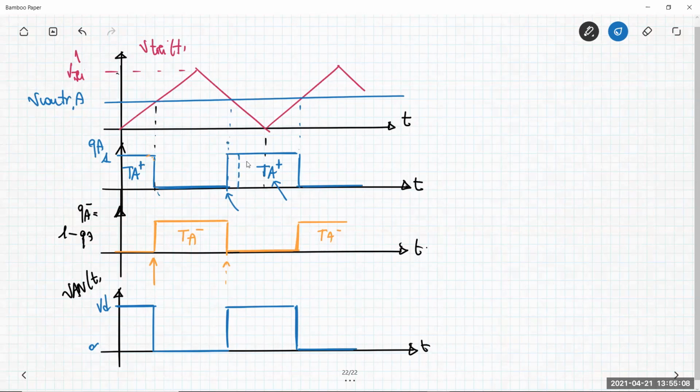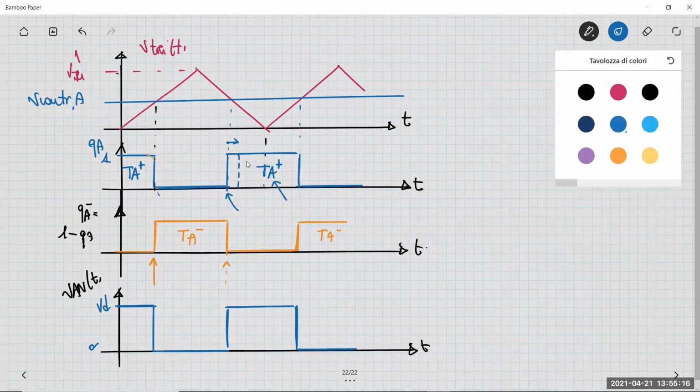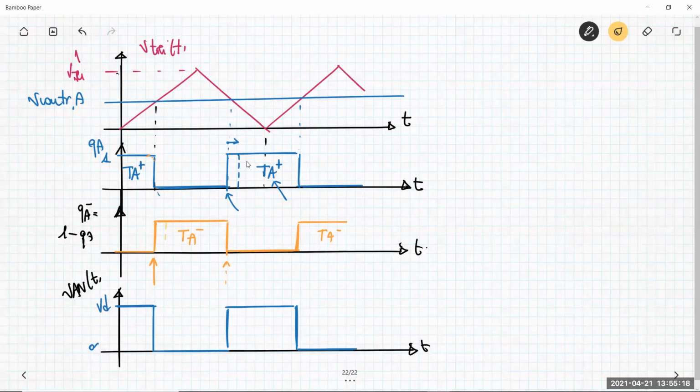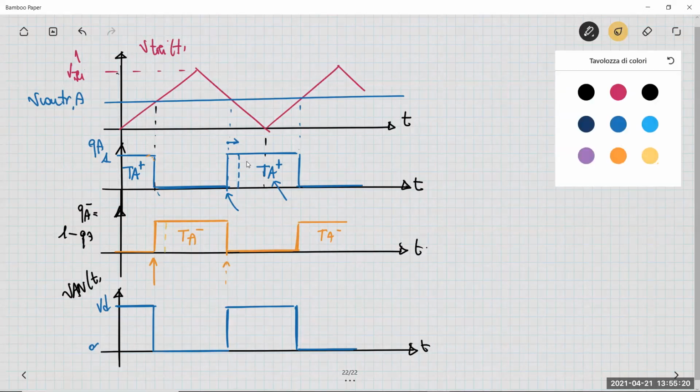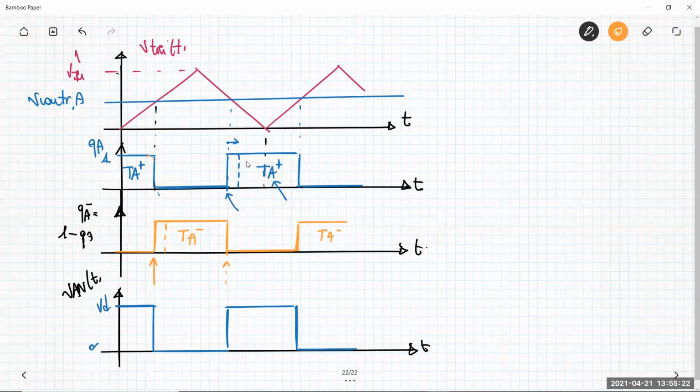I move the turn on from here to here. And the same happens for the other device, the TA minus device. I have to delay a little bit, so I change the turn on from here to here. So the standard solution is to delay turn on.